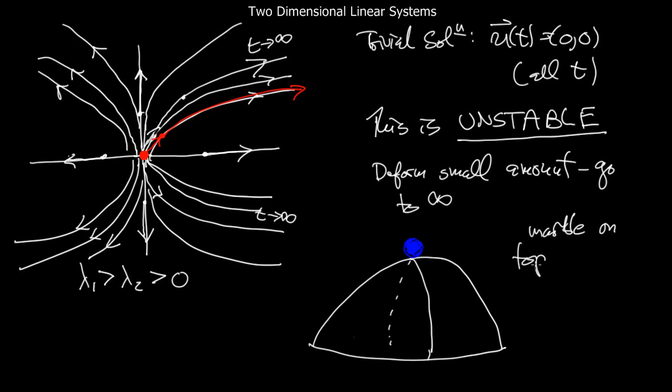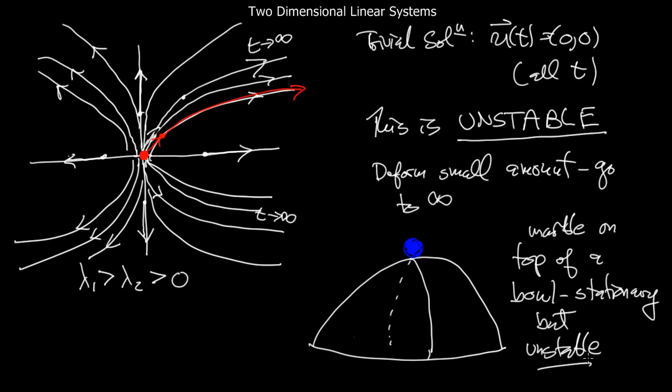In principle it could stay there forever, but in fact it's unstable, and if you apply the slightest force to the ball, it will move a little bit, and then it'll just roll downhill. So that's what this origin being unstable is like in the differential equation.